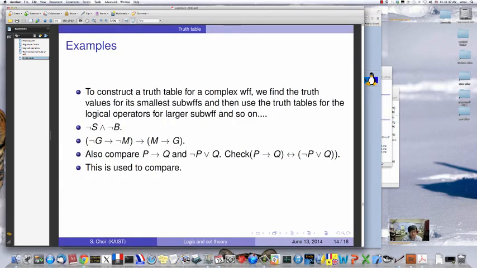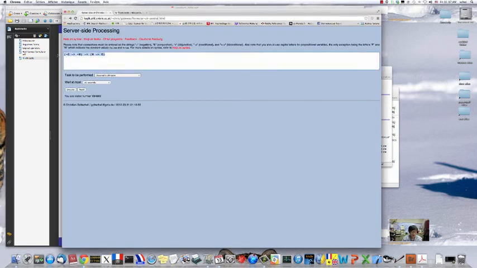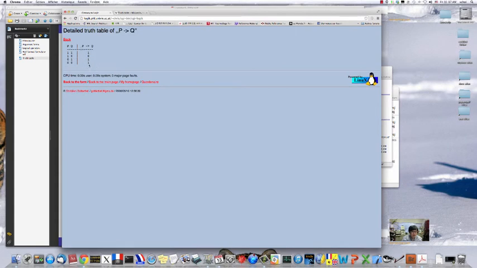Okay, so maybe let's compare with these two. Let's say P imply Q. Okay, so that's an elementary one.